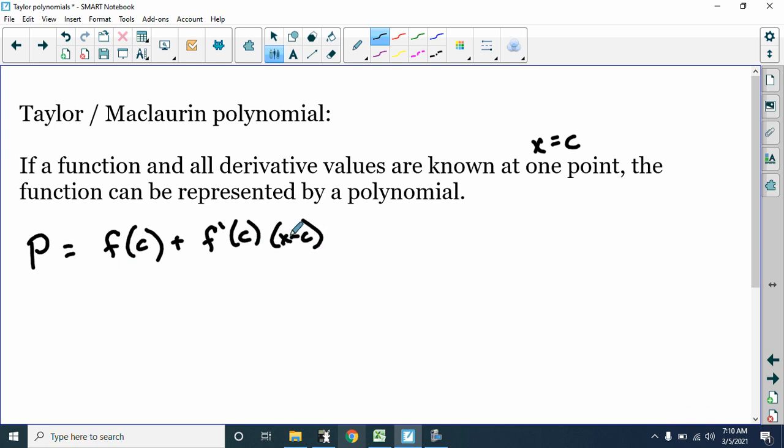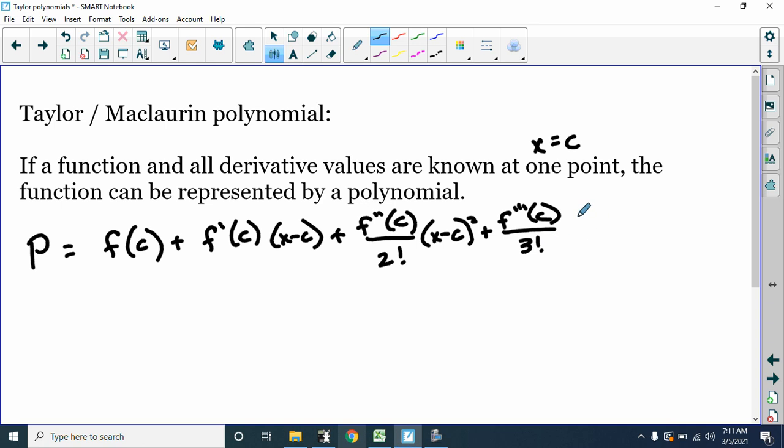So this is the constant part, this is the x to the first part, plus the second derivative of the function at c divided by 2 factorial times x minus c squared, plus the third derivative divided by 3 factorial times x minus c cubed, and so on, plus the fourth derivative divided by 4 factorial times x minus c to the fourth, the fifth derivative at c divided by 5 factorial times x minus c to the fifth.